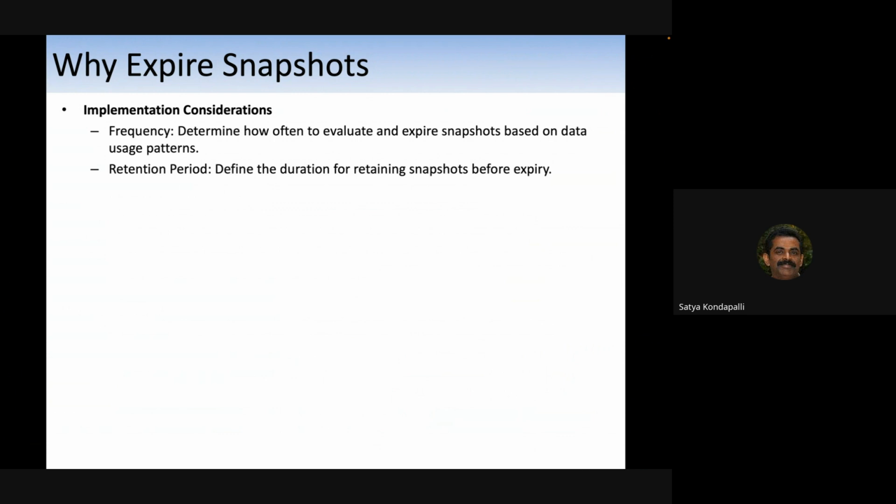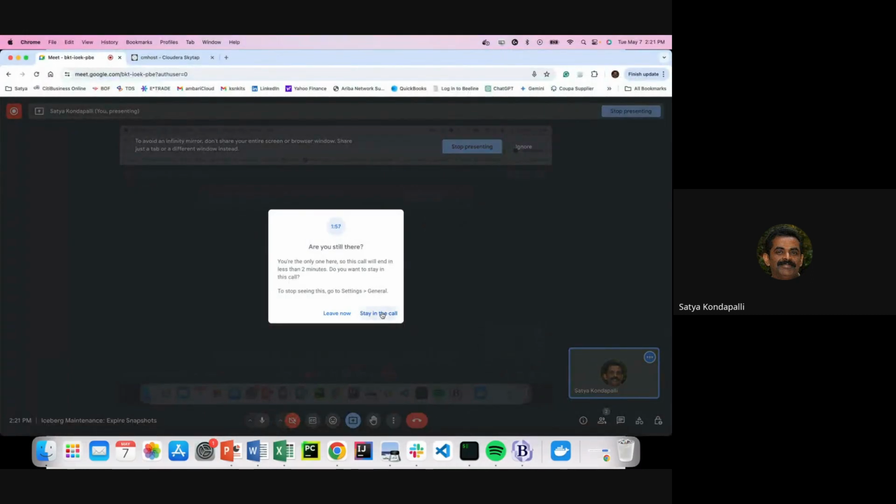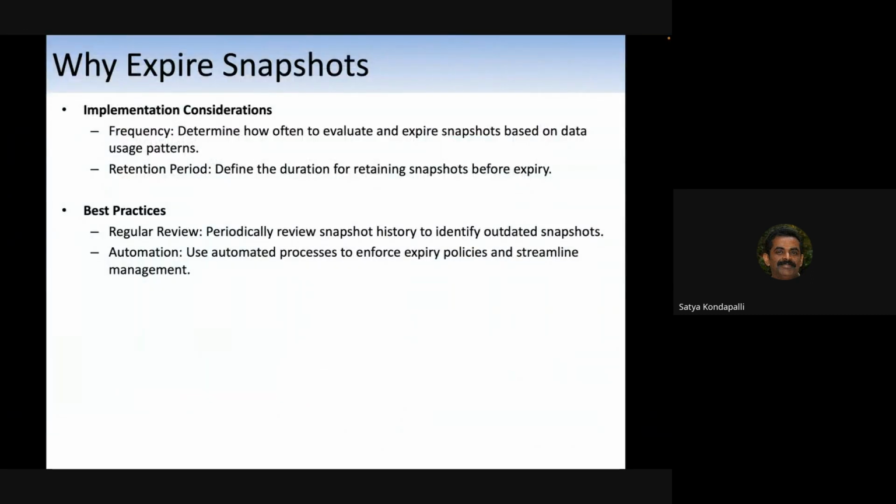So define the duration of retaining snapshots before they expire. Things will change; it's not set in stone. It depends on how often updates are happening, how much data you're creating, and what your manifest lists and files look like. So definitely create a cron job.